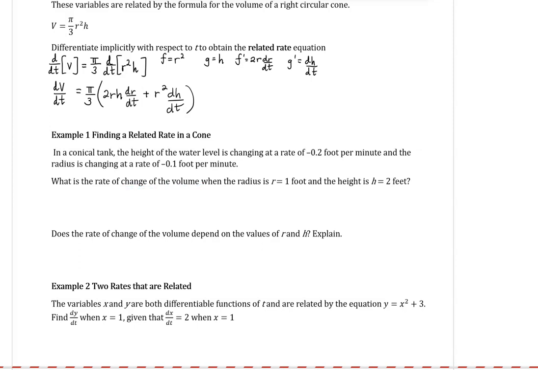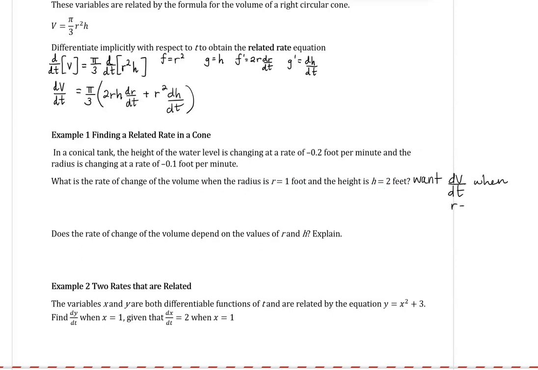So automatically I know that we want the rate of change of the volume. Rate of change means derivative, and I want the derivative of the volume. So I want dV/dt, and I want it particularly when the radius is 1 foot and the height is 2.